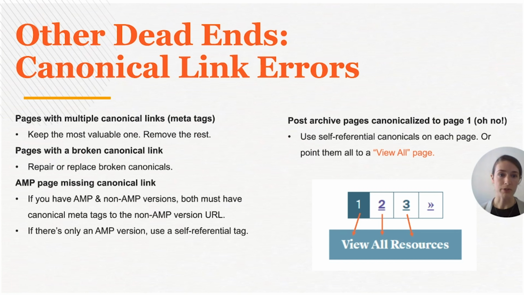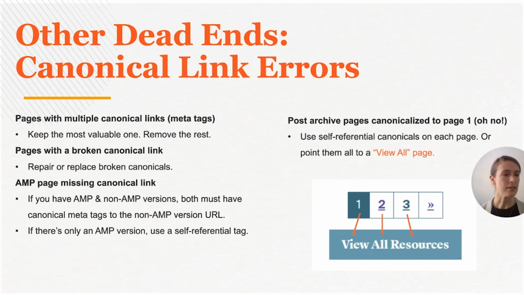The way to resolve a problem like this is one of two methods. The first is to use self-referential canonicals on each page of the archive. Or you can point every single page to a view all posts page, which is just a single page that has links to every post in existence on your website.